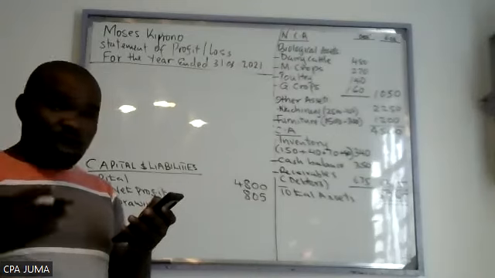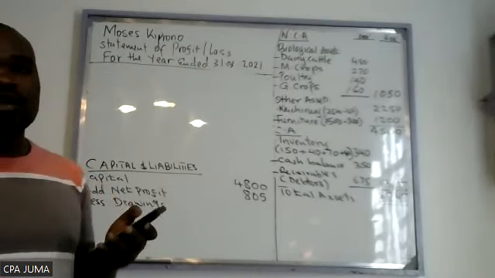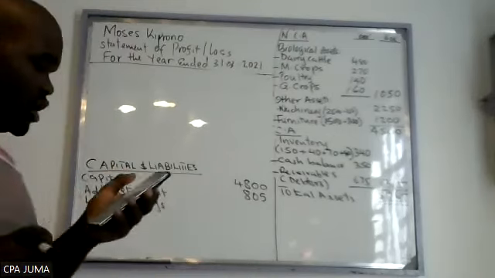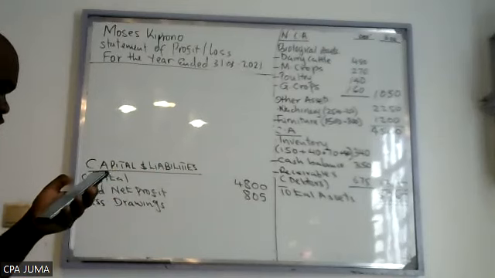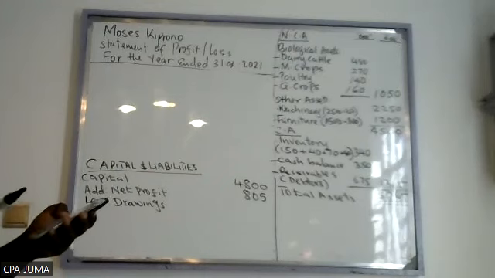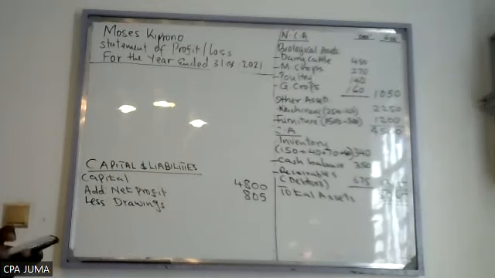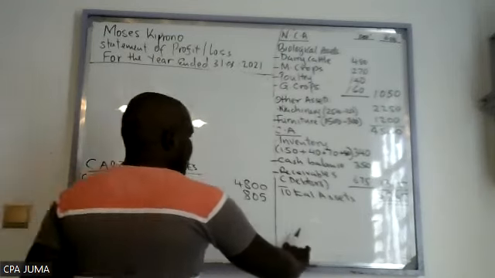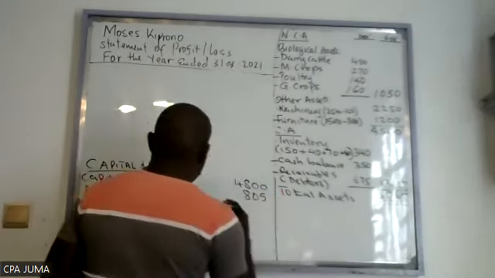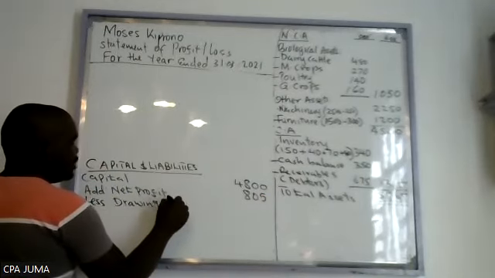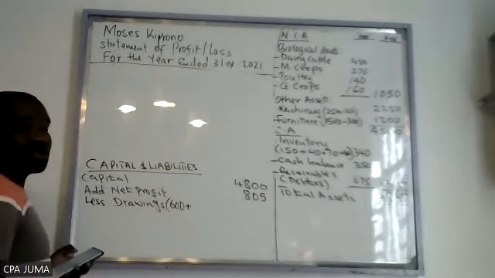Please check capital in the trial balance, there is drawings in cash, 600. Please check, so that there was cash withdrawals. So there was cash drawings of 600.